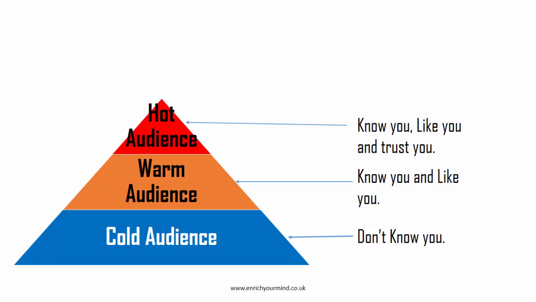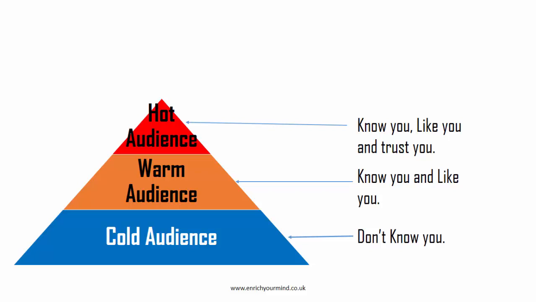So you might walk into a place and talk to people for the first time and they don't know you, and your speech, or whatever you talk to them about, may get them to know you as an author and probably like the message behind your work. And it moves them then to the warm zone, which is they know you and they like what you have to offer, and then they begin to trust you because of the message you're trying to pass across by way of your book.